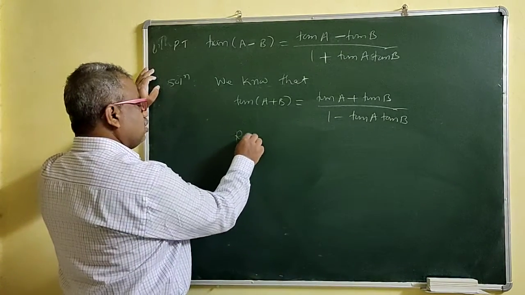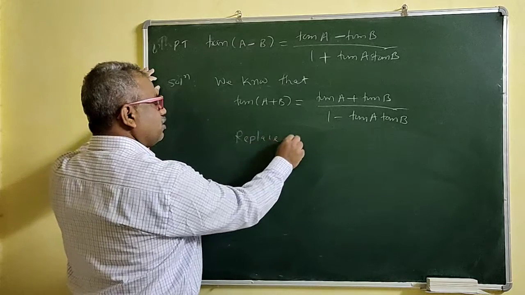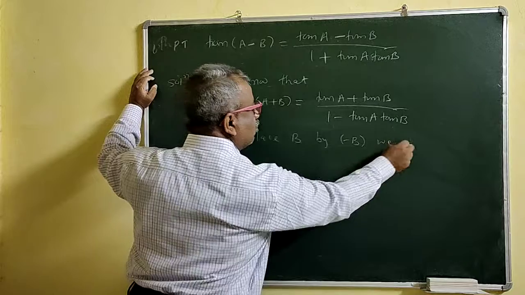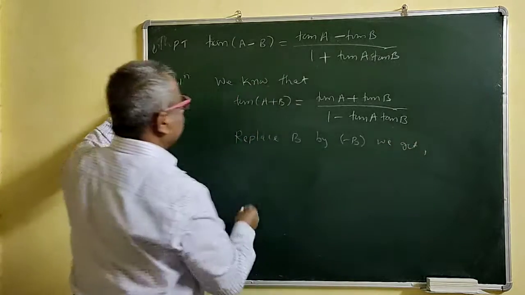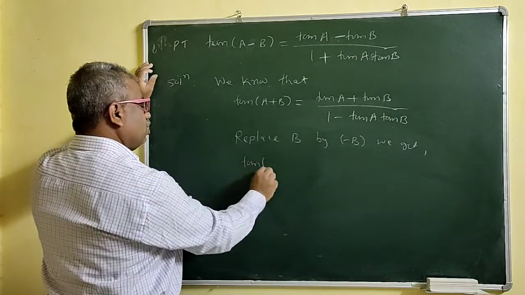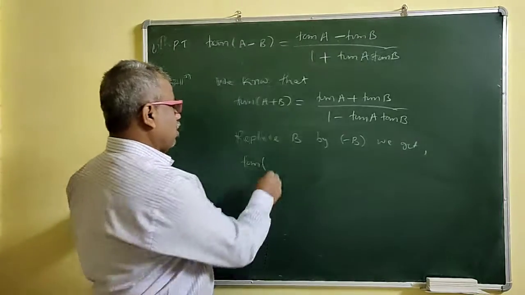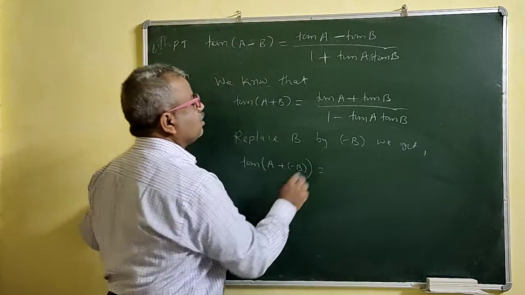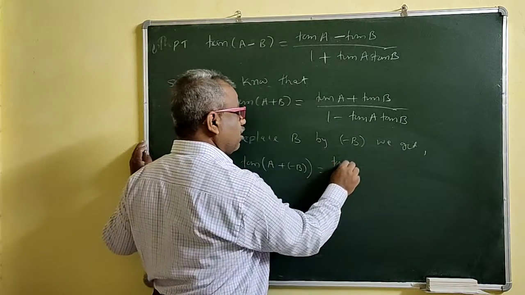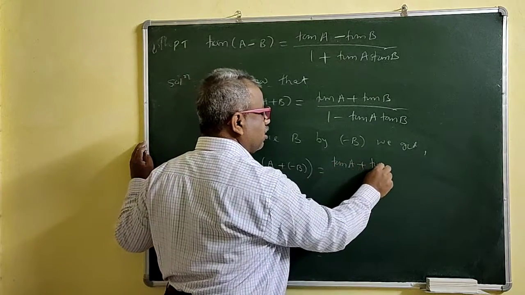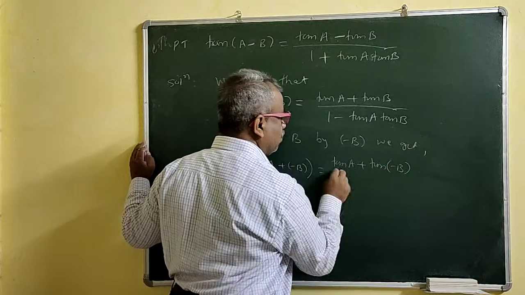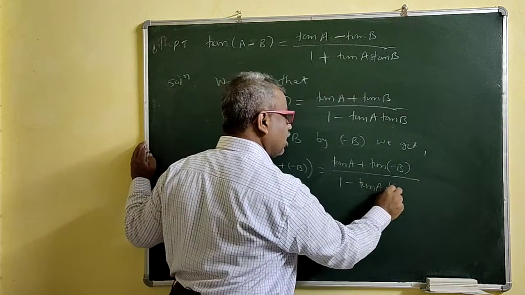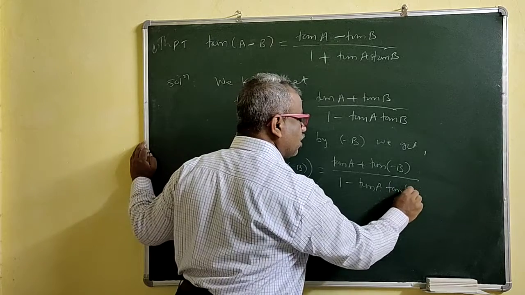Replace B by minus B, we get tan of A plus minus B, this is equal to tan A plus tan, just write B as minus B, over 1 minus tan A tan(minus B), right?